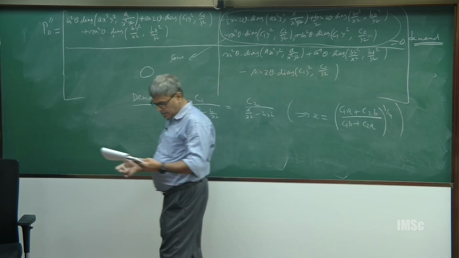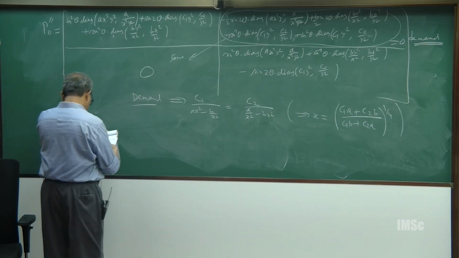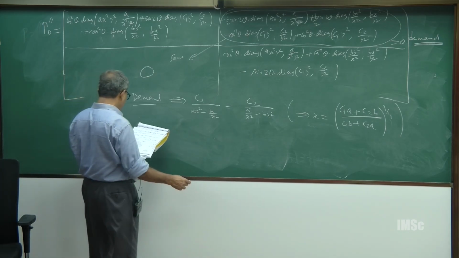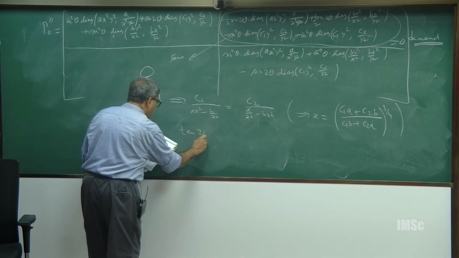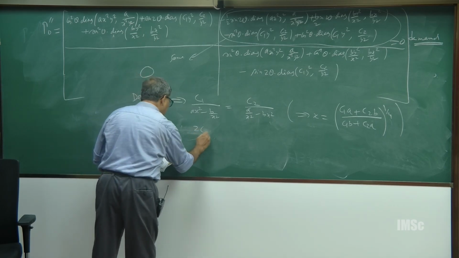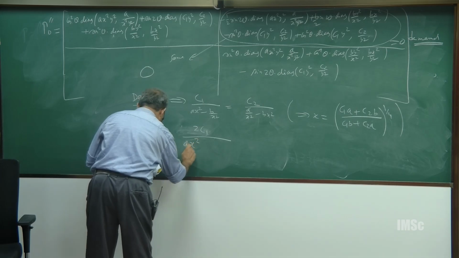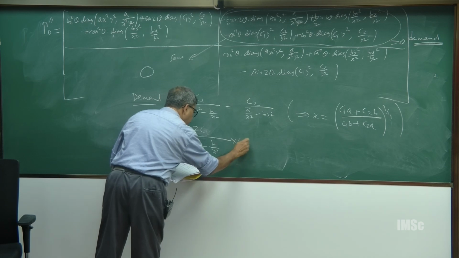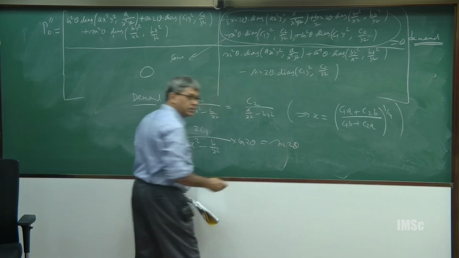So, this is what this demand will tell you, and also it will give you this condition that tan twice theta, or maybe I should not write tan twice theta, twice C 1 by a x square minus b by x square into cos 2 theta is equal to sin 2 theta.